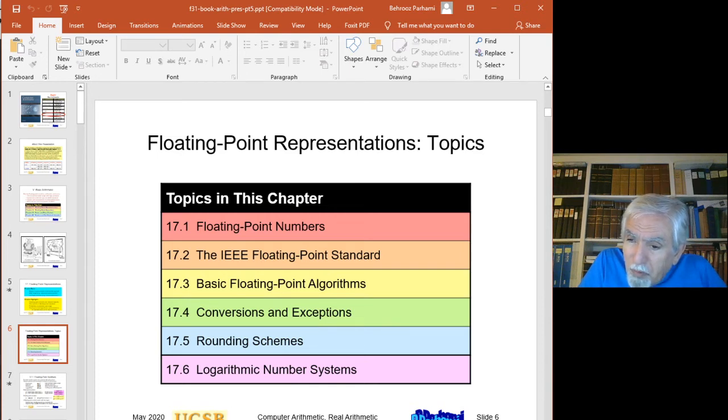But at least one other method, logarithmic number representation, we deal with today. So today we'll be exposed to floating point representations, which are the most popular way of dealing with real arithmetic in computers, but also a little bit about logarithmic number representation.